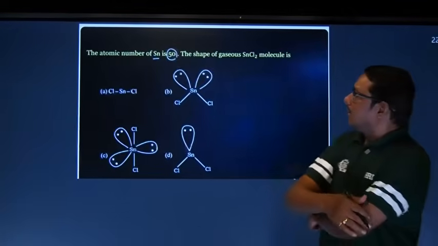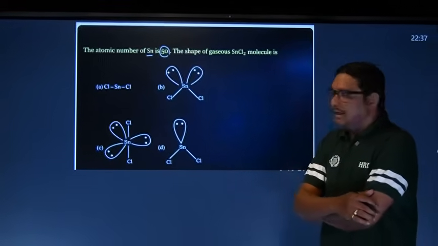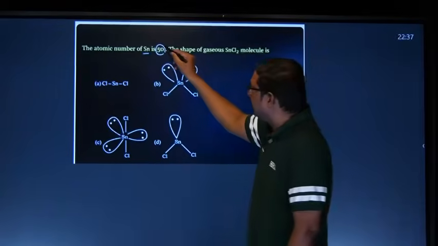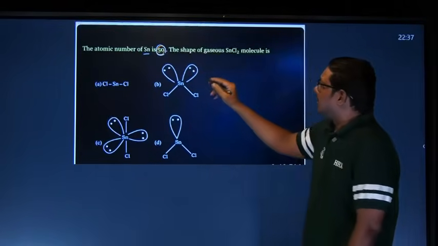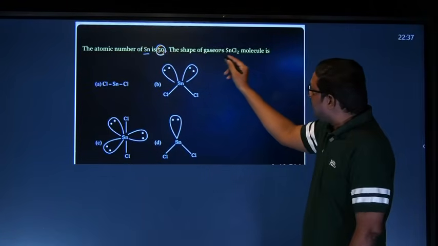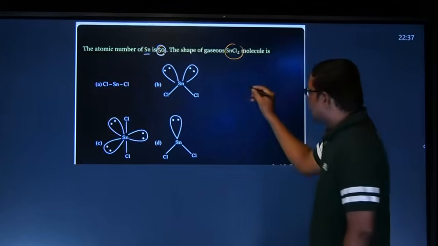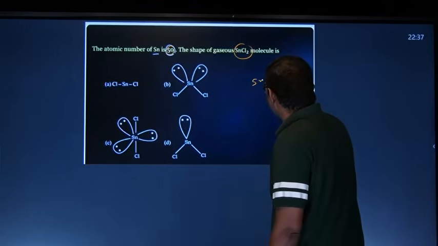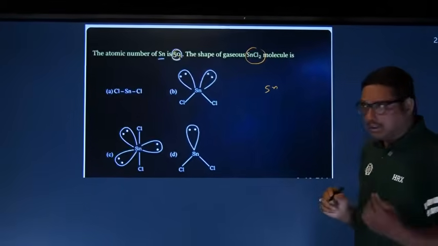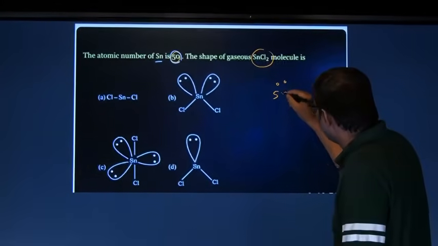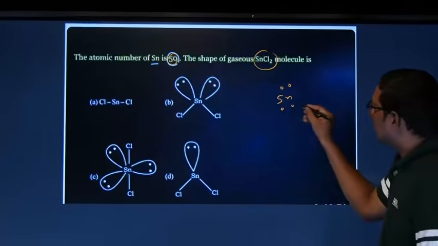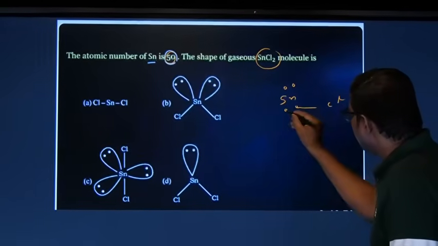The next question. The atomic number of tin is 50, a fourth group element. What is the shape of gaseous SnCl2 molecule? No doubt this is my tin from the carbon family. The valency of tin is 4 because it is a fourth group element. So there is a formation of SnCl2 molecule.